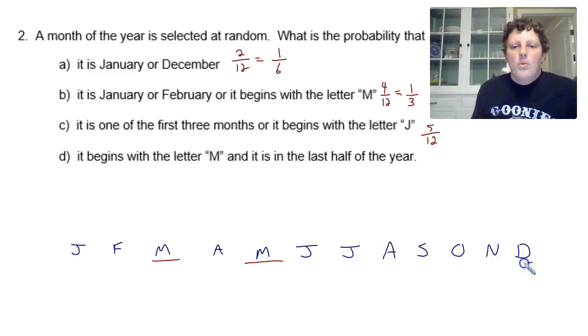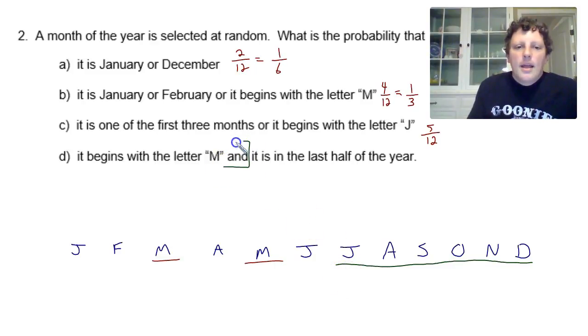Coming from the end, we've got 1, 2, 3, 4, 5, 6. And has to be true for both. It has to be both beginning with the letter M and also in the last half of the year. Unfortunately, there is no overlap here. There's not a month that meets both of these qualifications, so the probability is going to be 0.